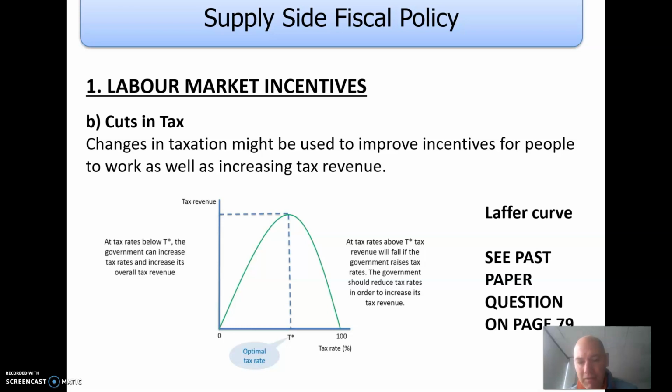However, if the tax rate is already to the right of T-star and the government increases the tax rate further, then tax revenue will fall, as shown on the vertical axis. So if they want to increase tax revenue, they need to pull the tax rate back if they're already to the right of T-star.